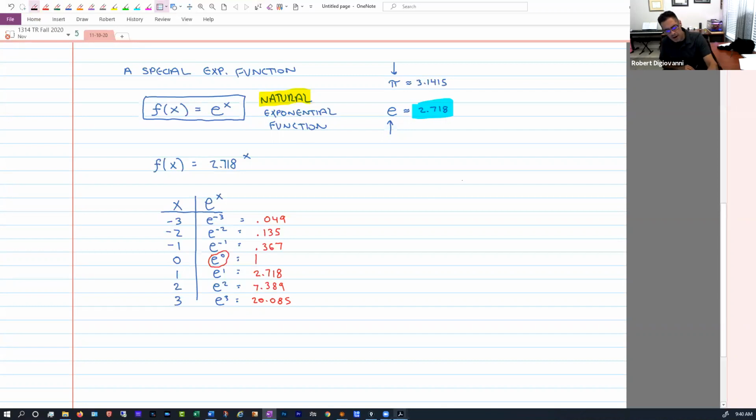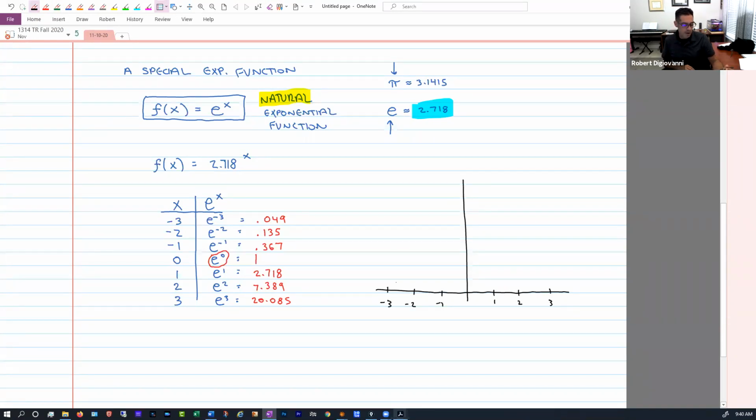So now if we go to graph this, we know this is going to be exponential growth. So we know the graph is going to kind of look like this. But let's get a little more detail on that. On my graph, I'm going to go to the right 1, 2, 3, and to the left -1, -2, -3.